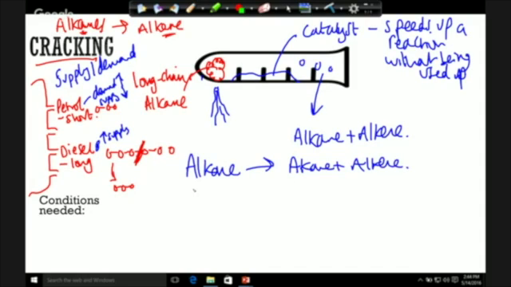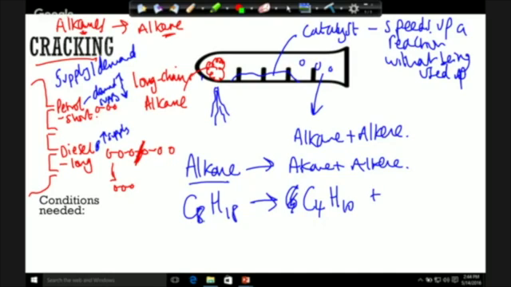For example, if we had a long chain alkane that was C8H18, for example, we could crack that and make two smaller molecules. Now we can make another alkane, which may be C4H10, for example. But then we would be left over with just, if we look at these numbers, 4 carbons, so C4, and only 8 hydrogens.